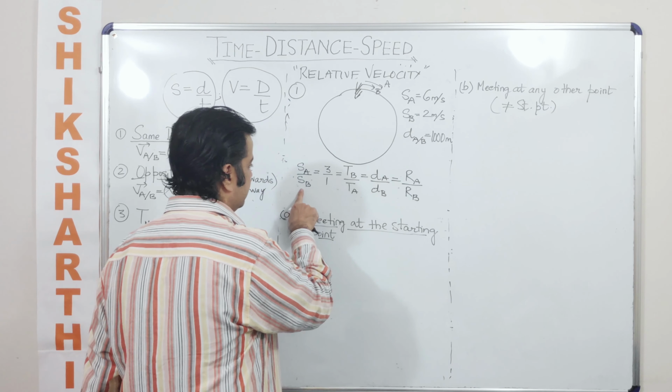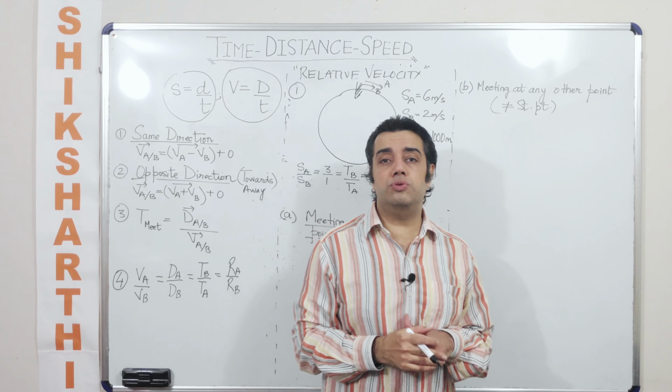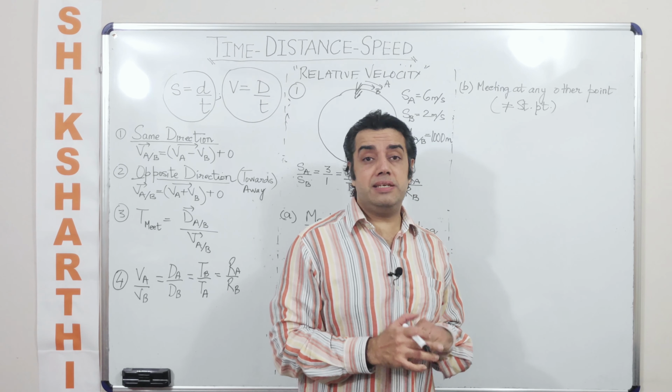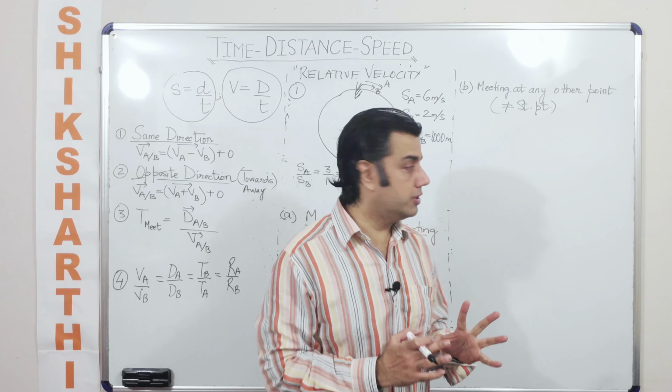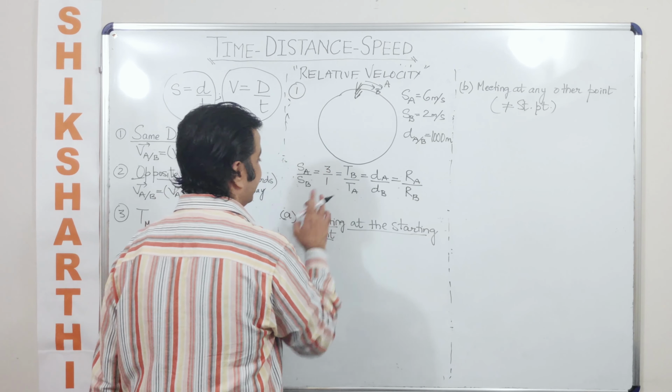It's just like saying speed is directly proportional to the number of rounds covered by those individuals, keeping the time constant, is what we are talking about. And all these ratios are equal to 3 by 1.